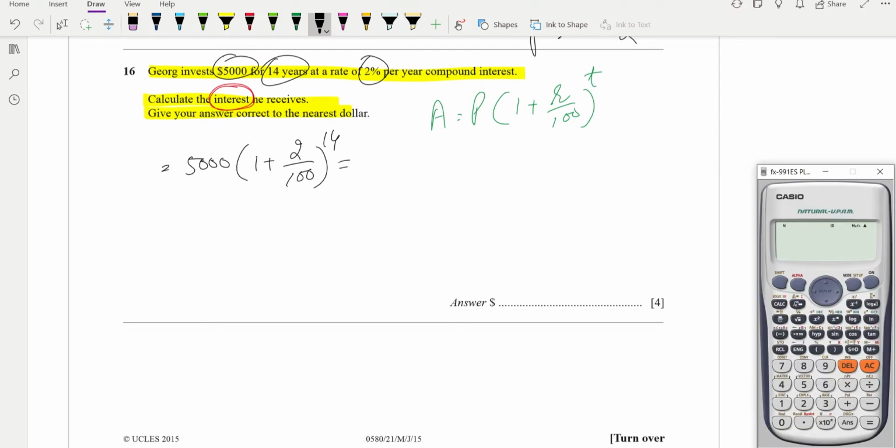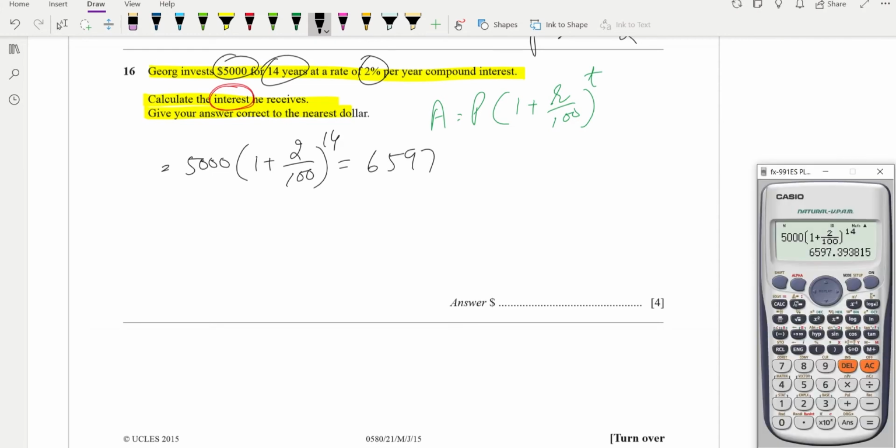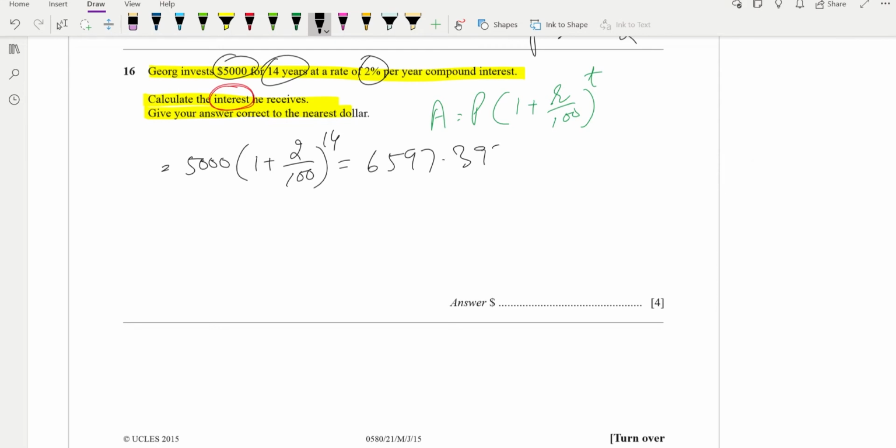This will be principal amount 5000 into 1 plus 2 over 100, and this will be raised to the power 14, and this is equal to 6597.3938. So interest, we can calculate, will be equal to amount minus principal amount.